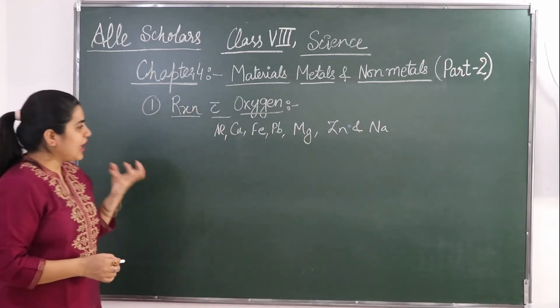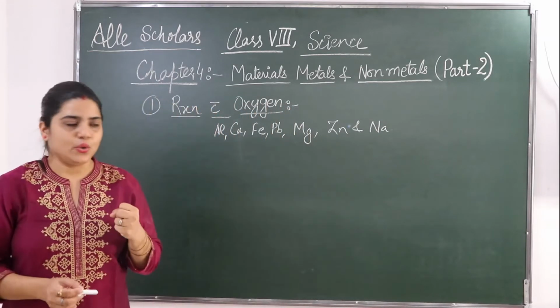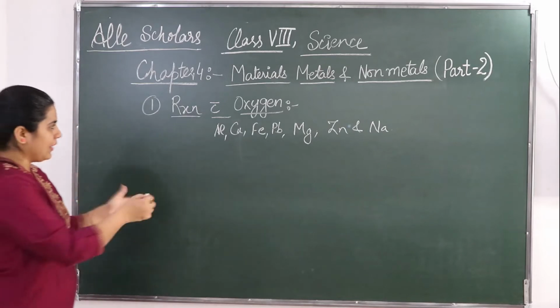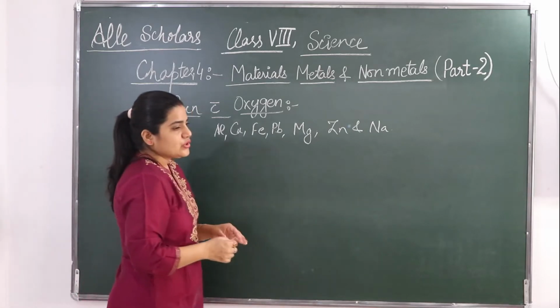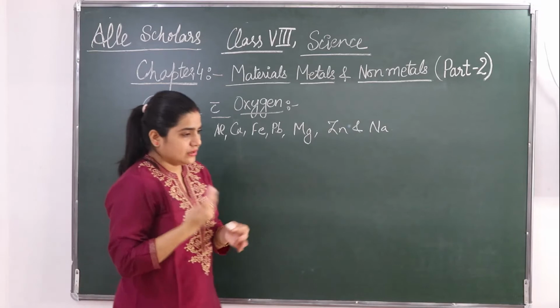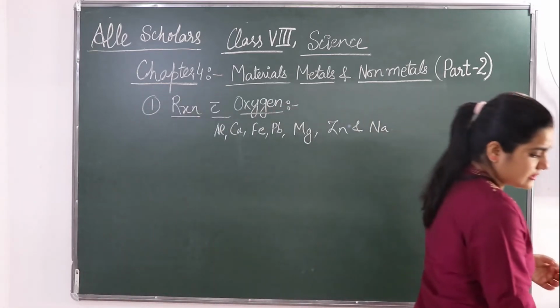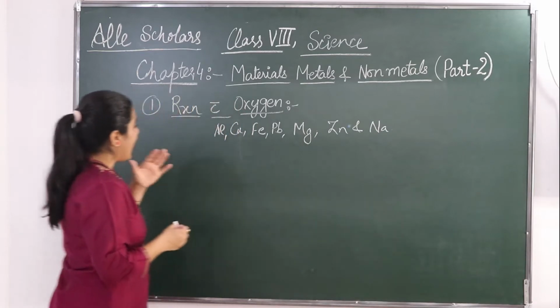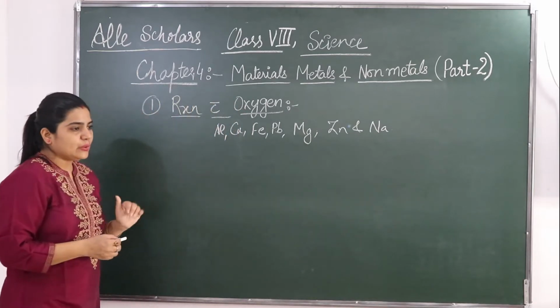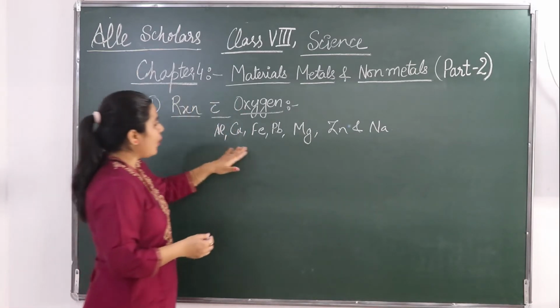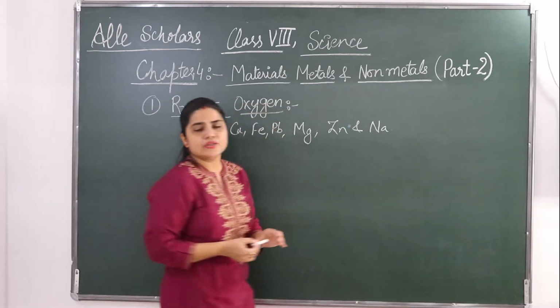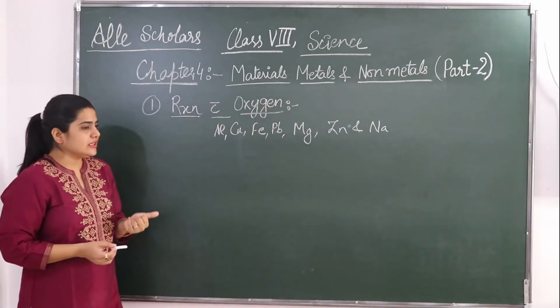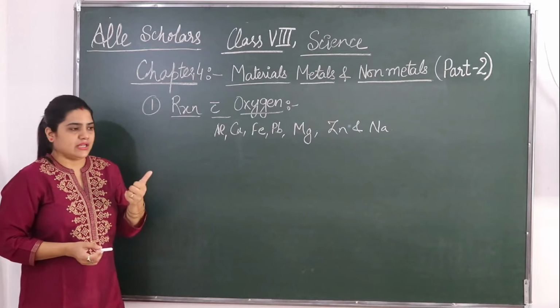Now we have to collect their products, the products that are formed after heating them. Let the metal surface cool down and let's see what happens. We are going to see that almost all these metals combine with oxygen to form metal oxide.